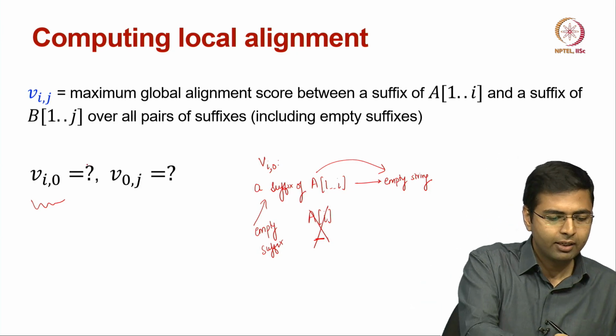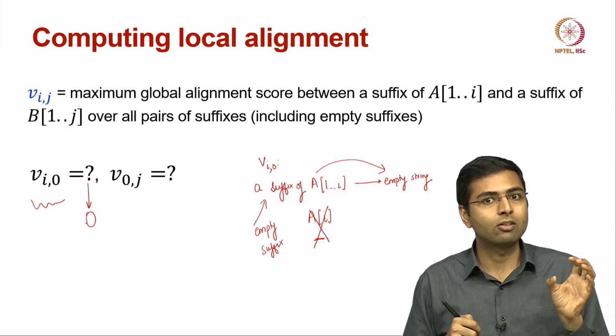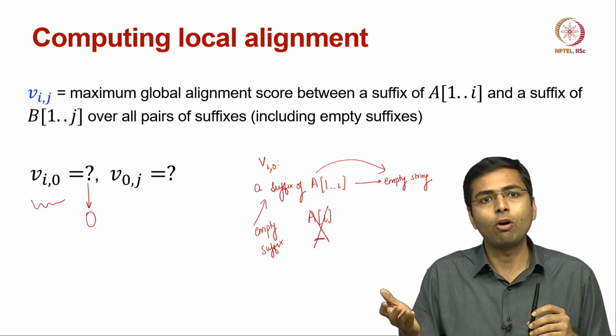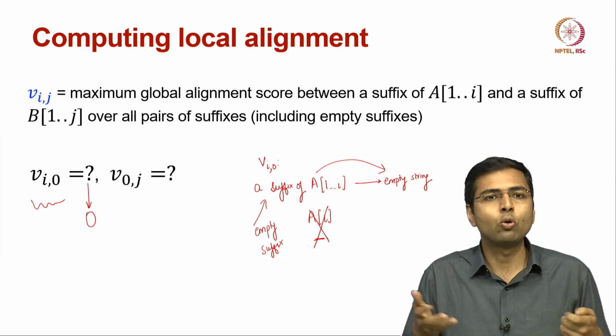So this is equal to 0. I can pick an empty suffix of a_1 to i and align it to an empty string from B, and the alignment score of two empty strings is obviously 0.